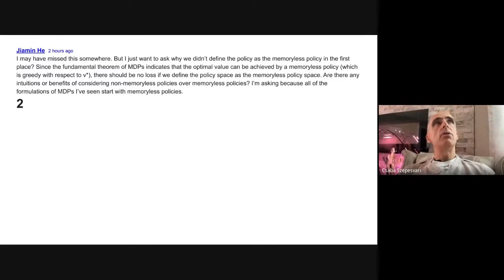And so the other part of your question is like, okay, but then papers are defining things only for memoryless policies. I don't know. I think that they do that for the sake of simplifying things for the reader. Also, there is the related question of whether you would ever care about policies which are not memoryless.